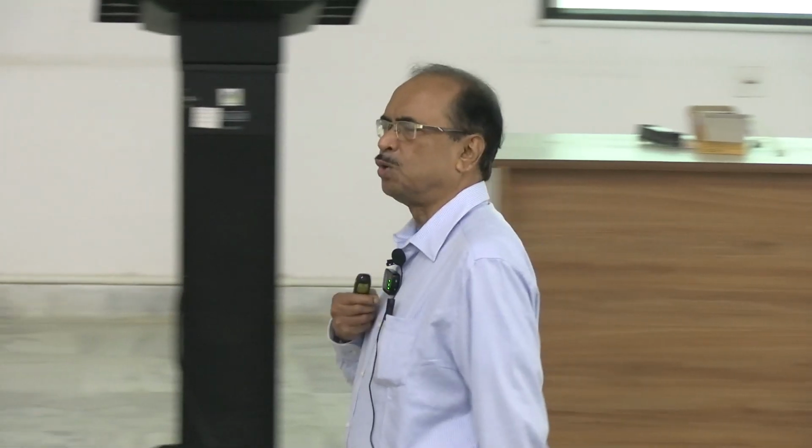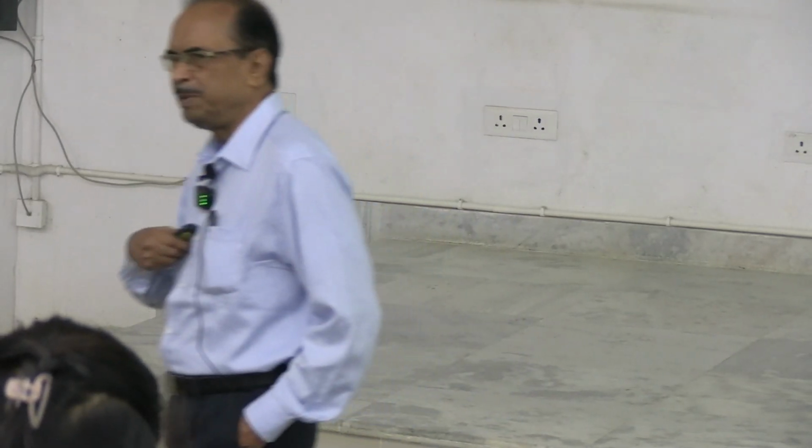Now let us come to modes of transmission of communicable or infectious diseases. It is basically divided into two groups. One is direct, another is indirect. Suppose I am the host or reservoir and the disease goes from me to him.